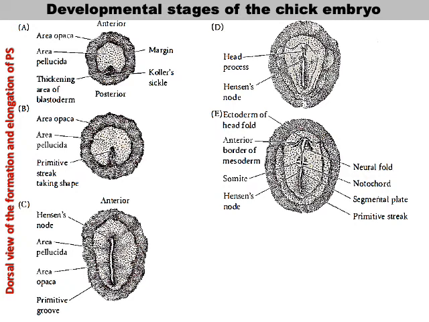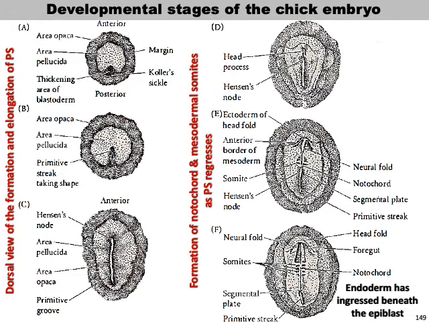Soon after that is further development of the head region through the formation of the ectoderm of the head fold, the anterior border of the mesoderm, the neural fold and the notochord, and the somites start to appear on the sides of the neural tube formation, and the primitive streak is more regressed to the posterior.